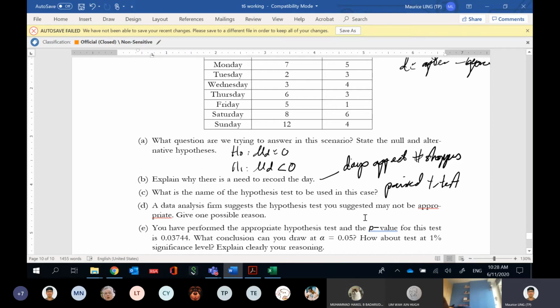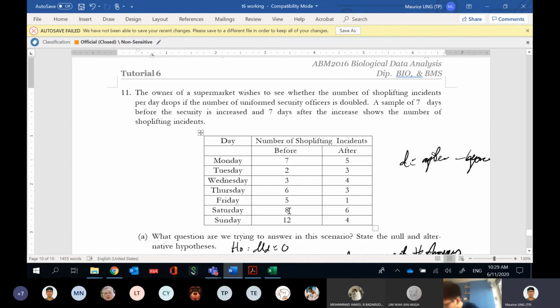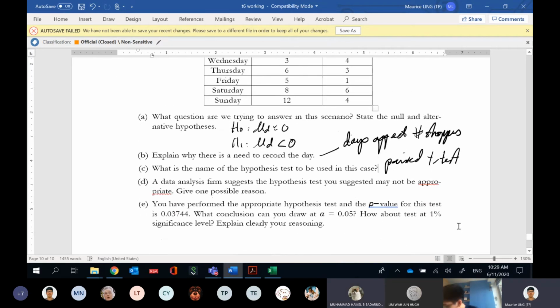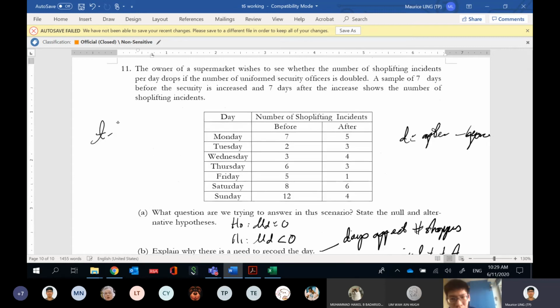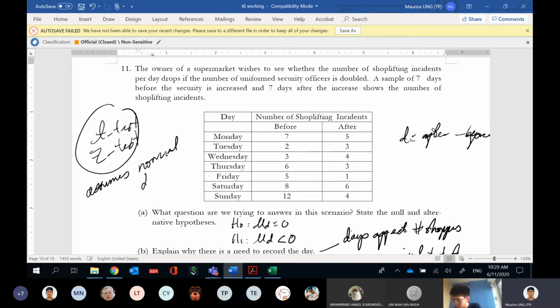Here it says that the analysis firm suggests that the hypothesis test you suggested may not be appropriate. Why? It may not be normally distributed. Yes, may not be normally distributed. This is not included in your chapters yet, but all the versions of t-test and all the versions of z-test assume that your data is normally distributed.